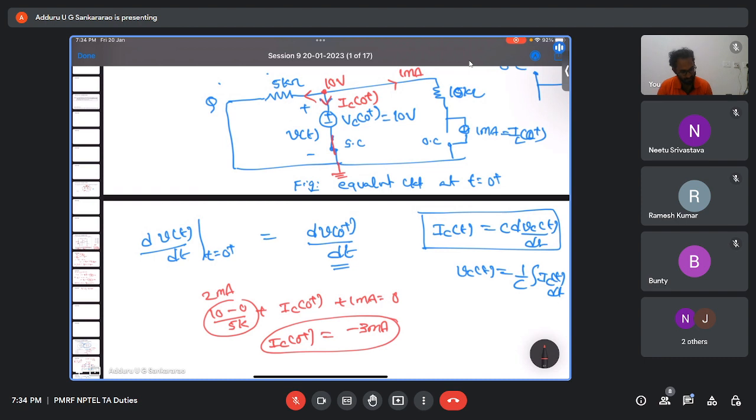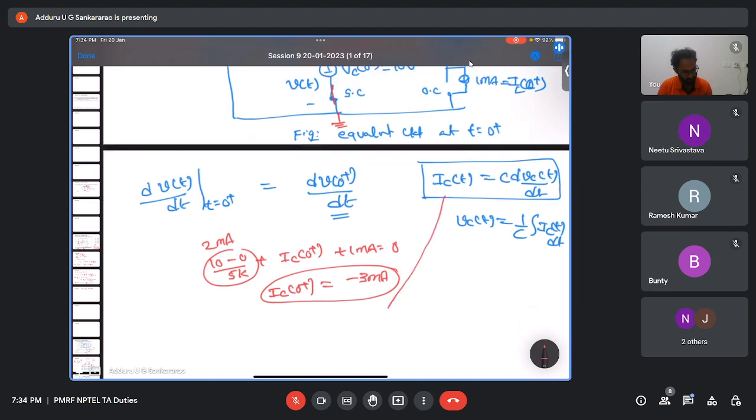Since we know IC of 0 plus, dVc of 0 plus by dt is IC of 0 plus by C, the capacitor.